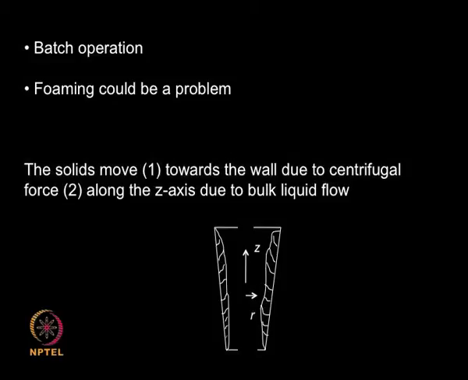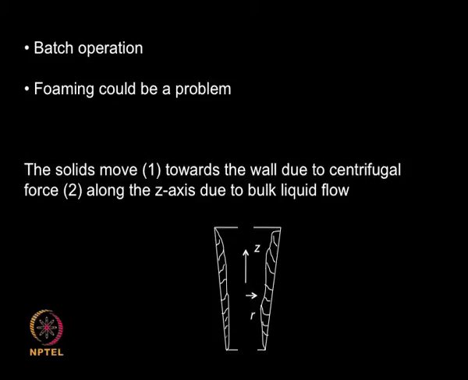So if you take a solid which is entering the centrifuge, two things are happening to the solid. Number 1, because of the movement of the liquid the solids travel along the axis of the centrifuge. Number 2, because of the centrifugal forces they are thrown at the wall of the centrifuge, and this is a function of the radius, that is the radial location of this solid.